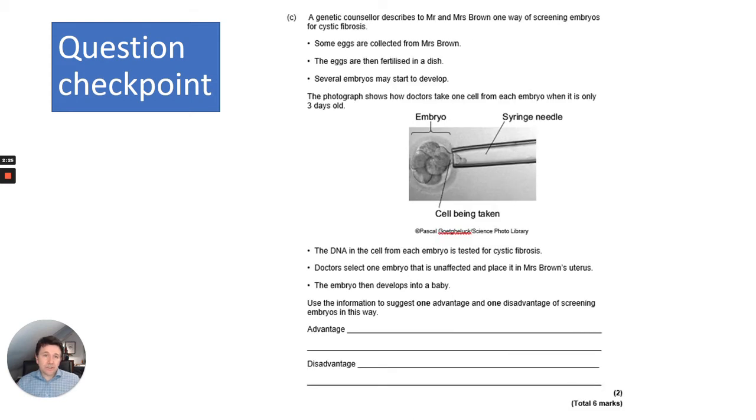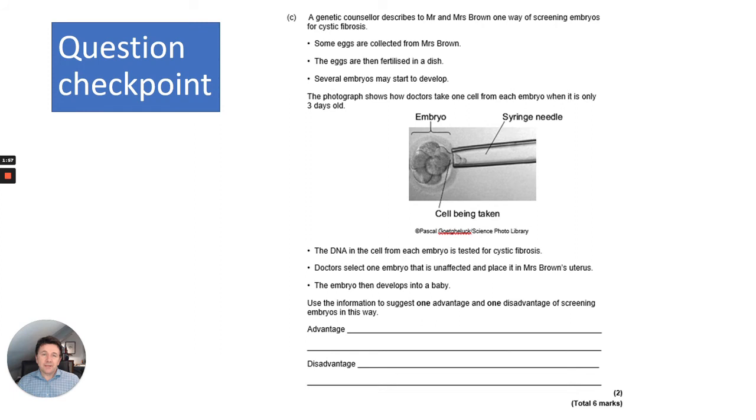Second part of the question, again, this is a foundation tier, but also might be used in higher tier. They give you lots of information about genetic counselling, and they show you what they do in terms of testing the embryo. And the question says, use the information to suggest one advantage and one disadvantage of screening embryos in this way. So I'd like you to read it, pause and then try and answer.